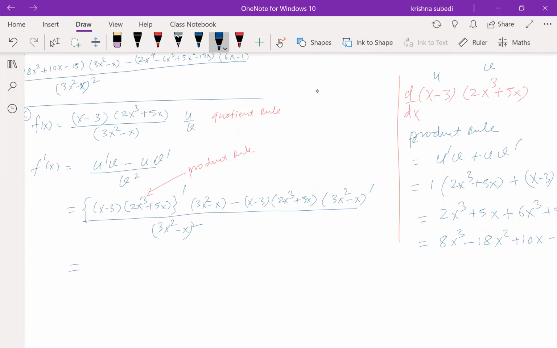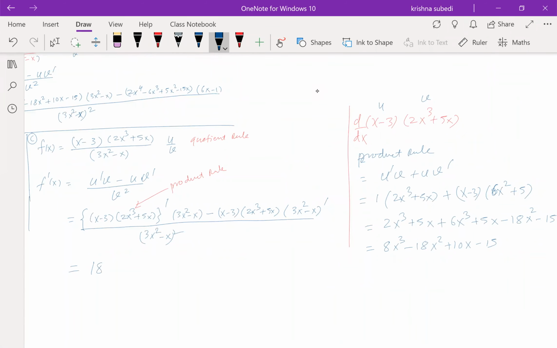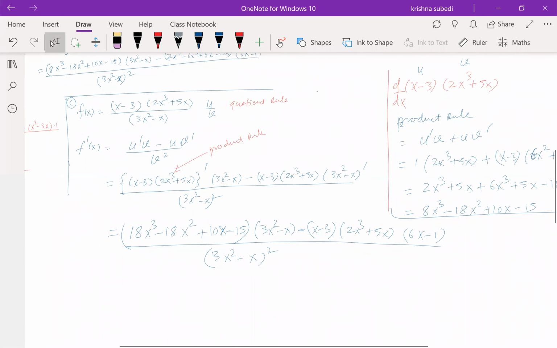So that's going to give me 8x cubed minus 18x squared plus 10x minus 15, this part, and then you have 3x squared minus x there, minus copy this first, x minus 3 times 2x cubed plus 5x, and then the derivative of that part will be 6x minus 1 over 3x squared minus x, squared. So you can do it this way too.